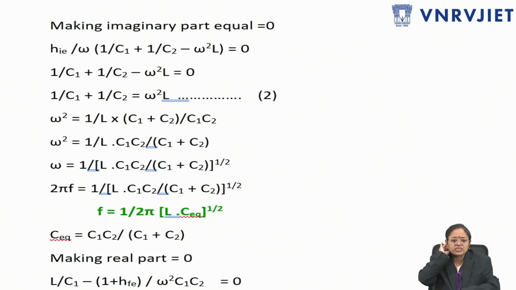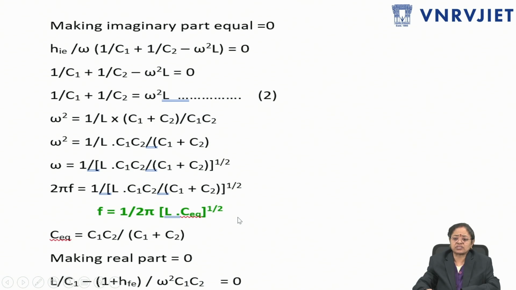For the Colpitts oscillator, the C equivalent is given by C1 C2 by C1 plus C2. So given the values of C1 and C2, we will substitute and determine the value of C equivalent, which will then be substituted in the frequency of oscillations. With the help of this, we will get the value of the frequency of oscillations in the Colpitts oscillator.